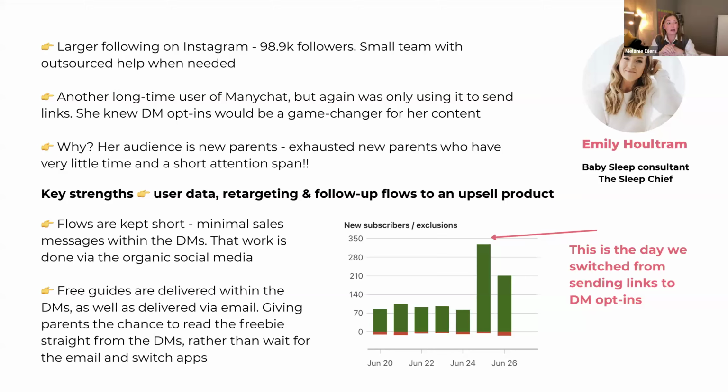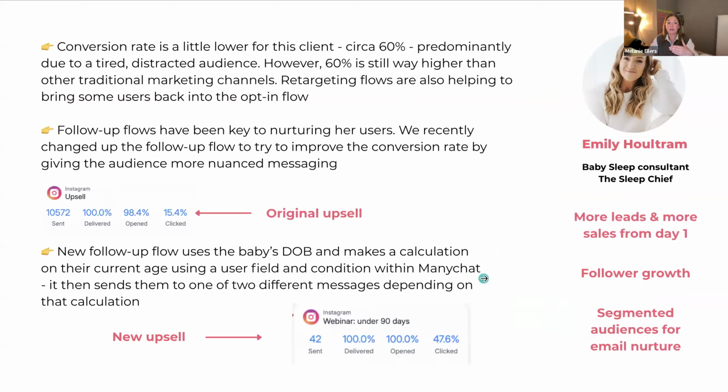And I think Emily told me that within the first 3 weeks of running Manychat, she had 3,000 new leads into her business, which is a huge number for a small and mighty business. So this kind of stuff is absolutely available to you guys with strategic building of simple Manychat flows, but more strategic if you want to gather user data within the DMs as well.